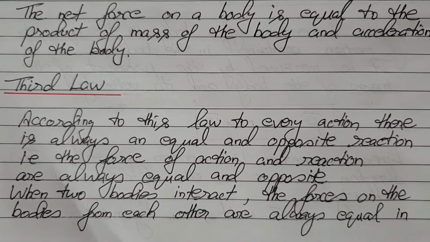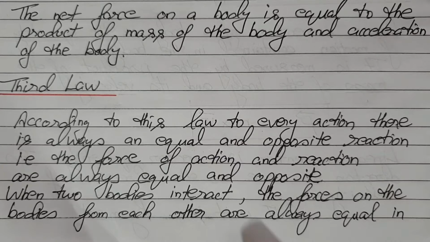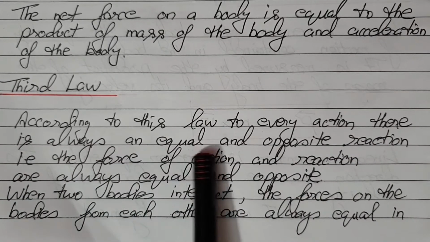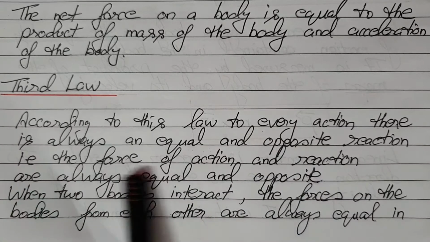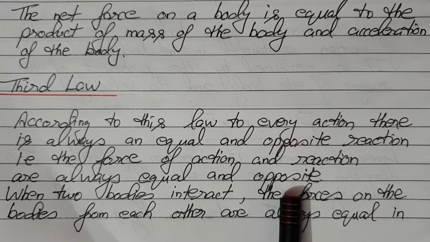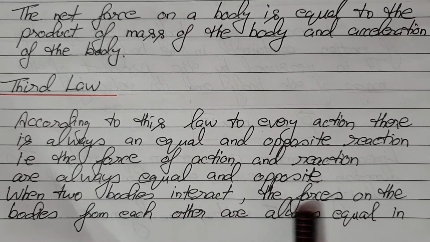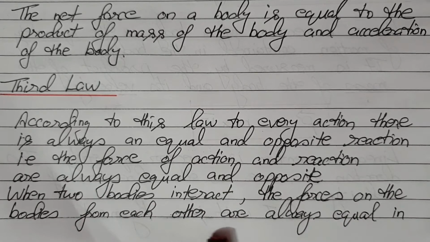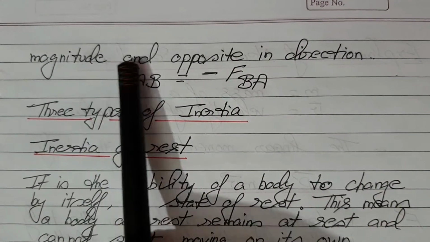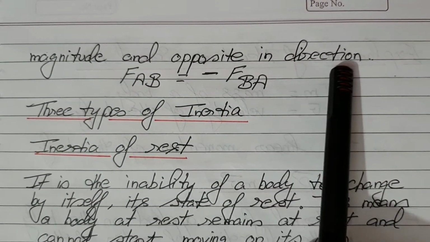Okay, now the third law. According to this law, to every action there is always an equal and opposite reaction. That is, the forces of action and reaction are always equal and opposite. When two bodies interact, the forces on the bodies from each other are always equal in magnitude and opposite in direction.